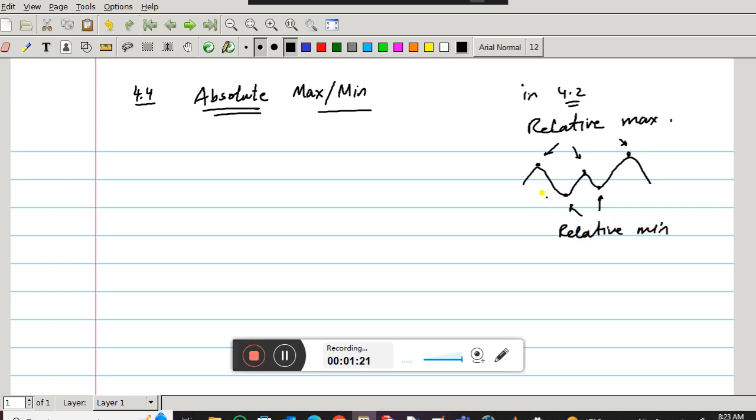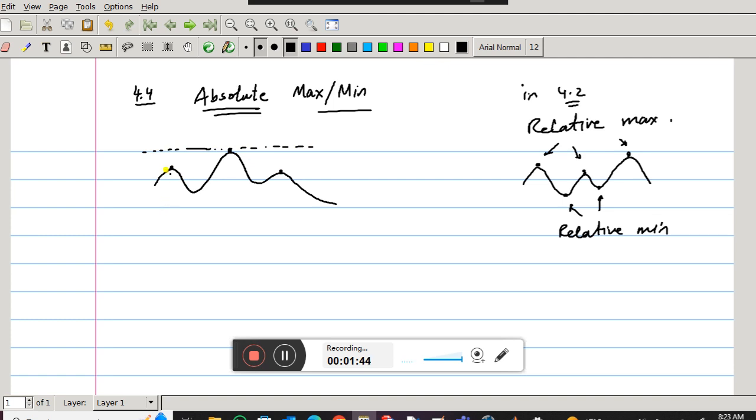So the difference between these two is actually if you have something like that, let's say it just goes down from here, you see all three top points are relative maxima, but only one is the highest in the whole interval.